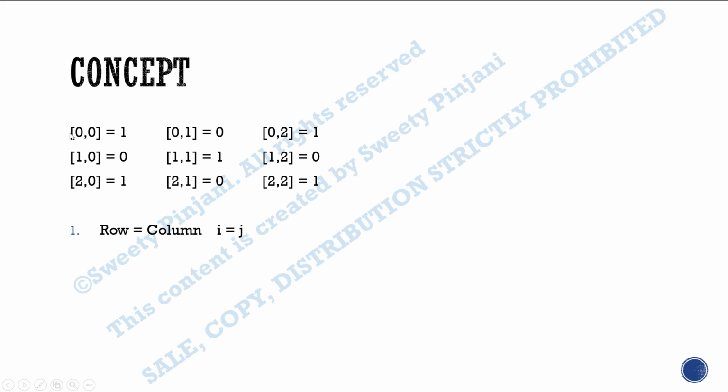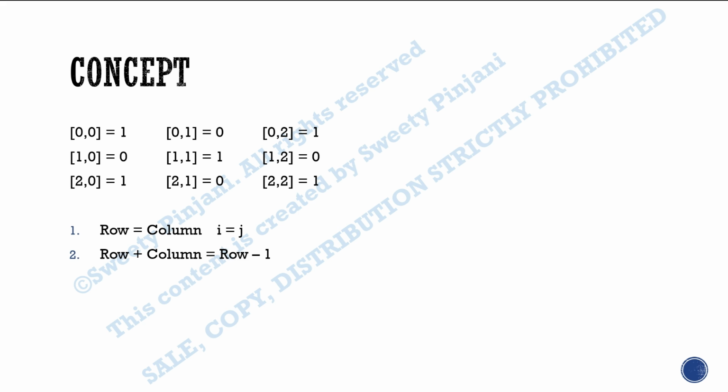And what is the total number of rows here? 3. So I can make this equation generic by saying I plus J equal to number of rows minus 1. I plus J should be 2, and the total number of rows is 3. So I can say I plus J should be the total number of rows minus 1 if you want to make it generic.